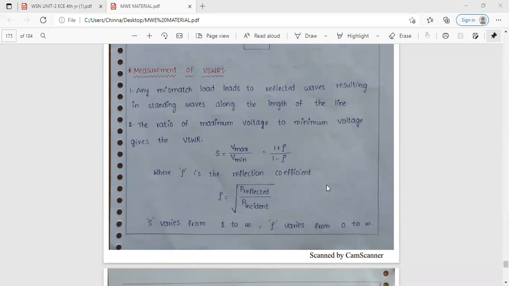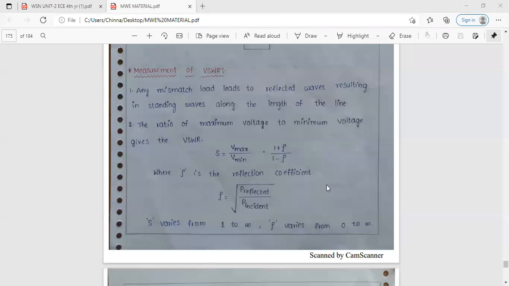Any mismatch load leads to reflected waves, resulting in a standing wave ratio along the length of the line. If a mismatch occurs anywhere and the exact load is not taken into consideration, then reflected waves will be considered. So that is considered as a voltage standing wave ratio along that particular line.